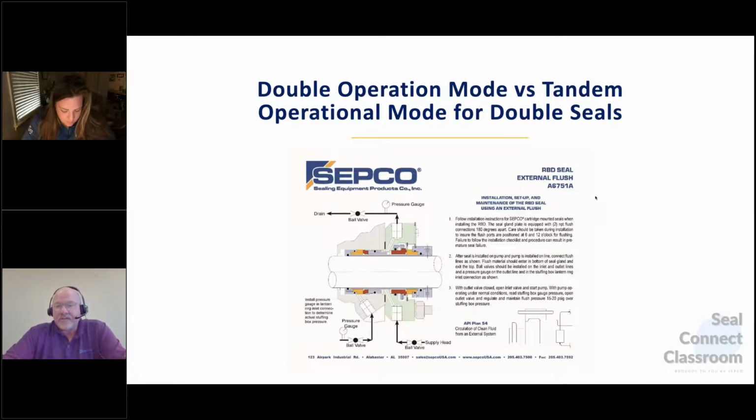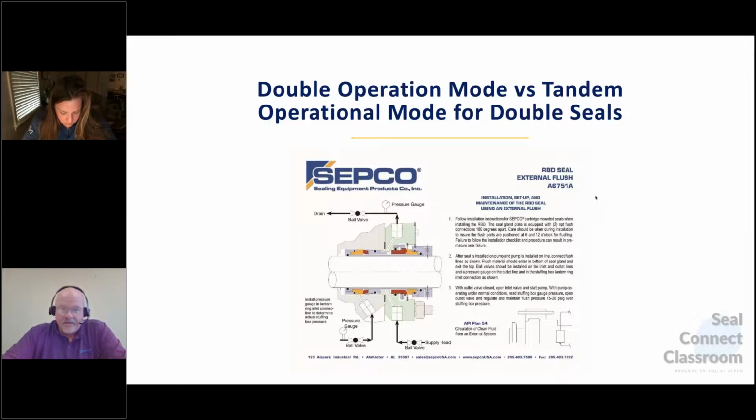But you got to understand something about double seals before we have this discussion at all. There are two ways that you can operate a double seal. Most people's double seals are double balanced. That means they seal in both directions. You can operate it in a double mode or a tandem operational mode.